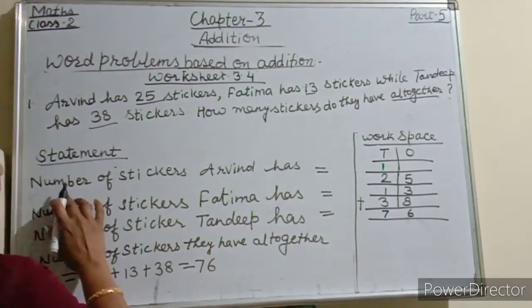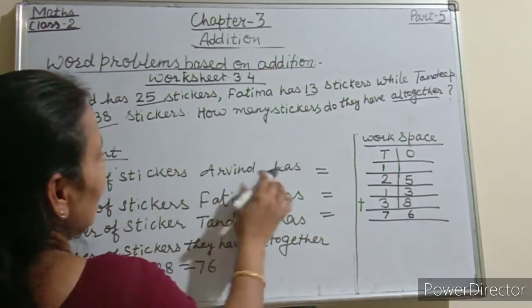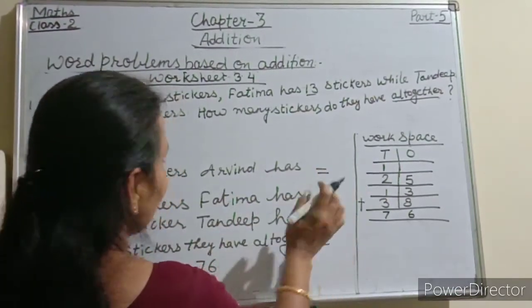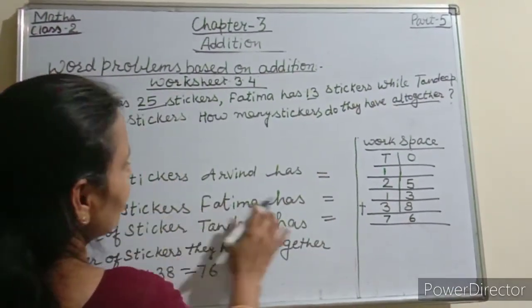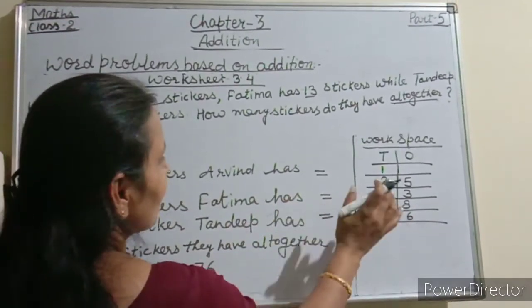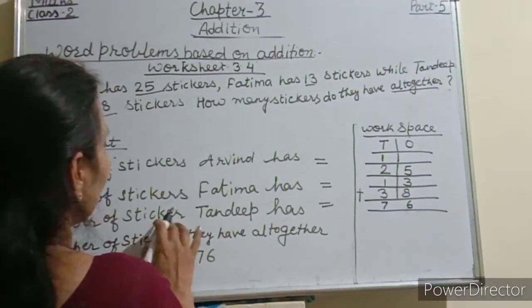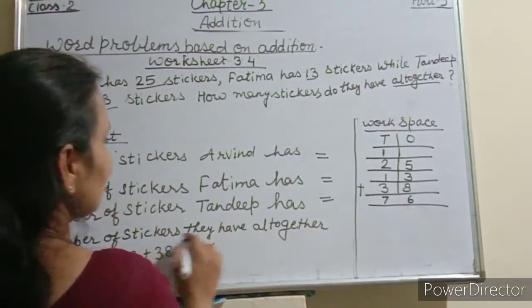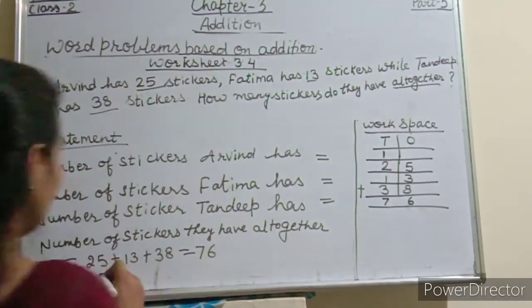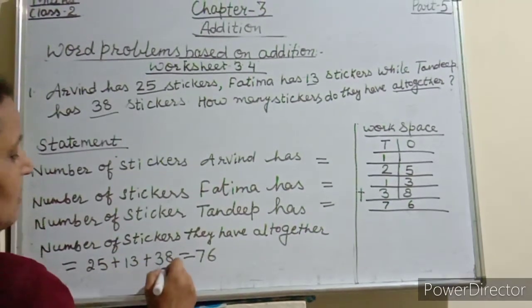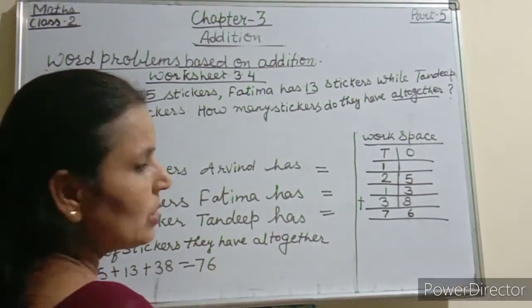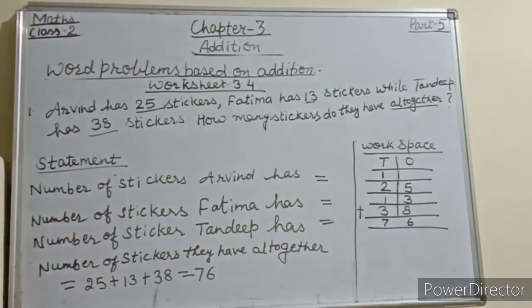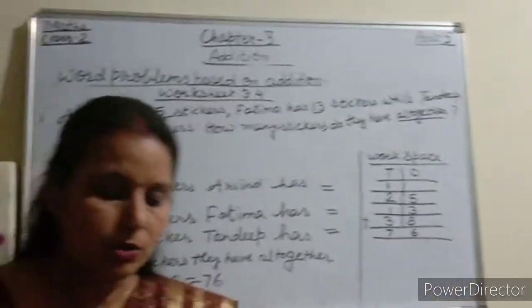See students, number of stickers Arvind has 25, number of stickers Fatima has 13, number of stickers Tanvi has 38. So number of stickers they have all together 25 plus 13 plus 38 is equals to 76.